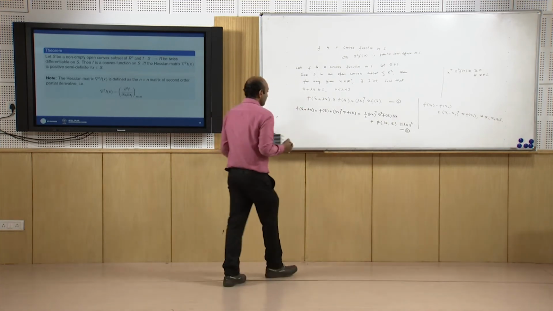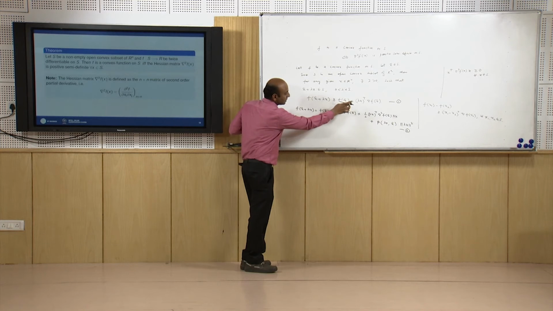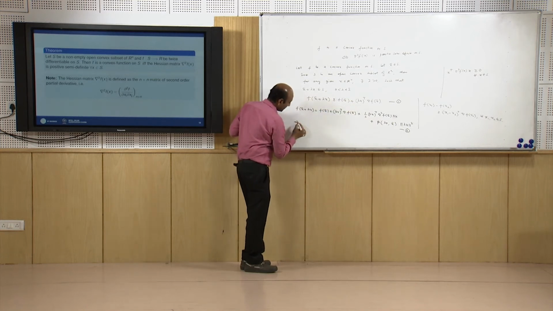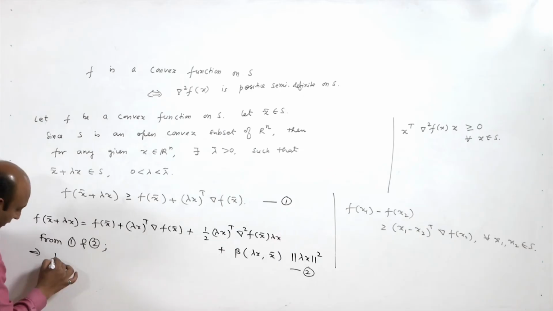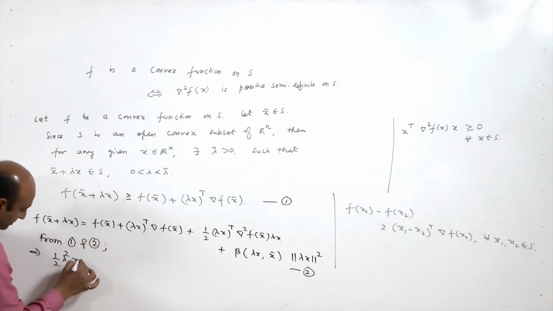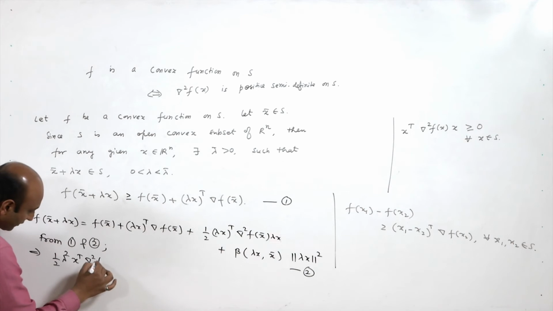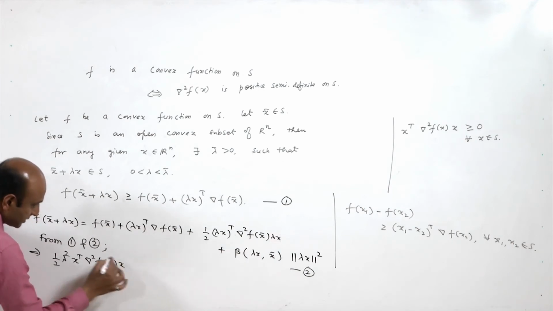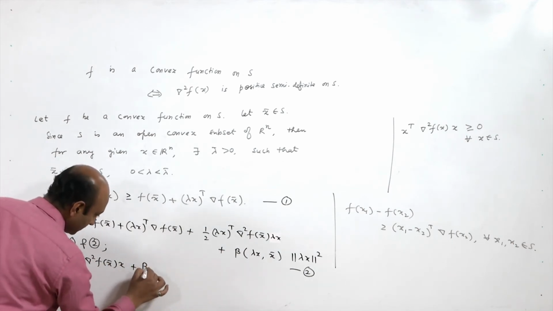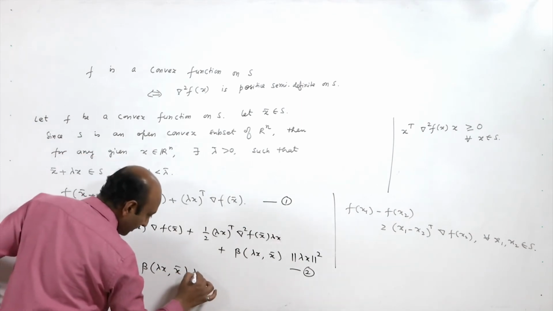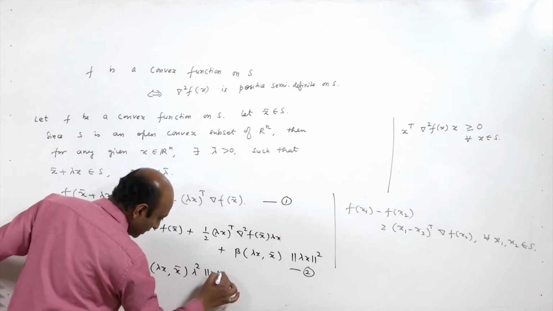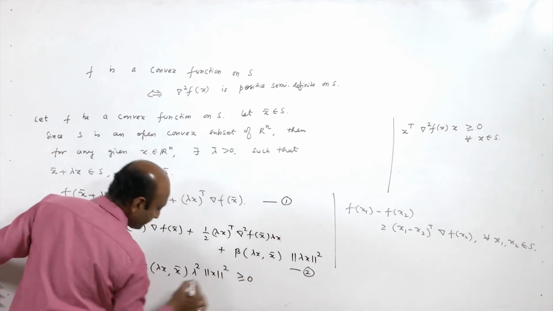So, from 1 and 2 we obtain that 1 by 2 lambda square x transpose gradient square of f x bar into x plus beta of x bar and lambda x into lambda square norm of x square is greater than or equal to 0.